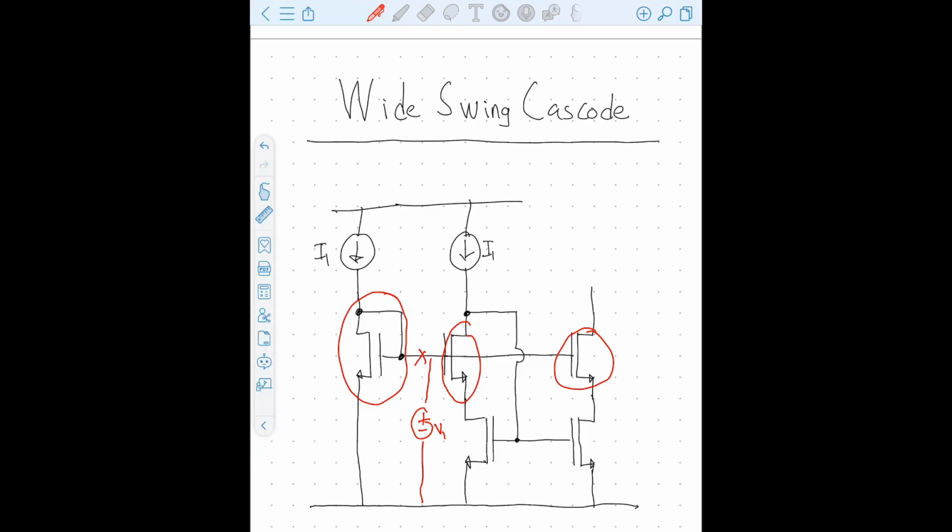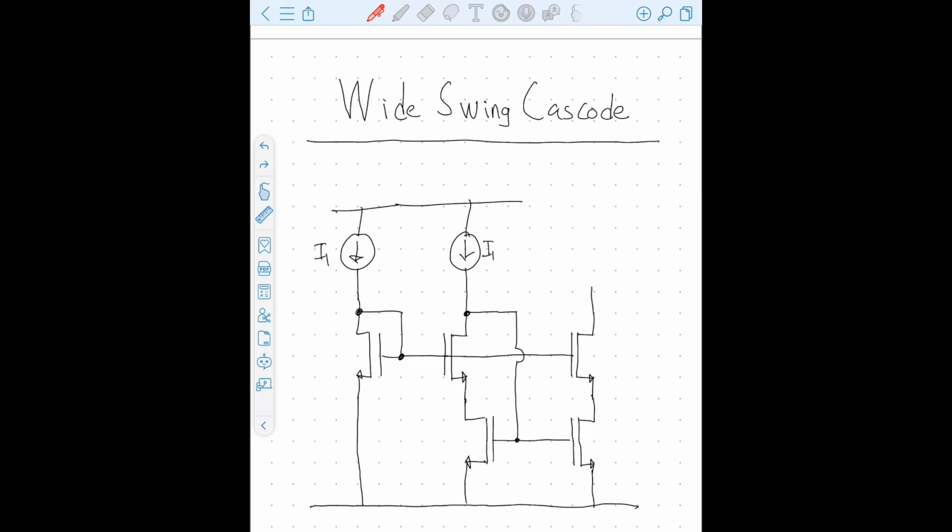So with that in mind, what we want to do is generate the bias essentially using the same device, because in principle that device is going to have the same or similar variations as the other devices in the cascode.